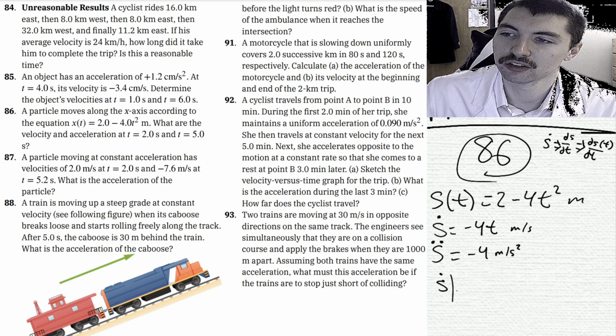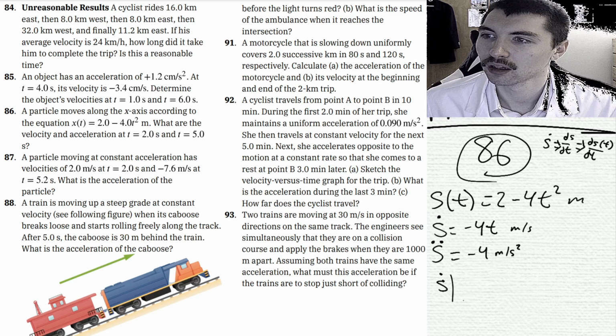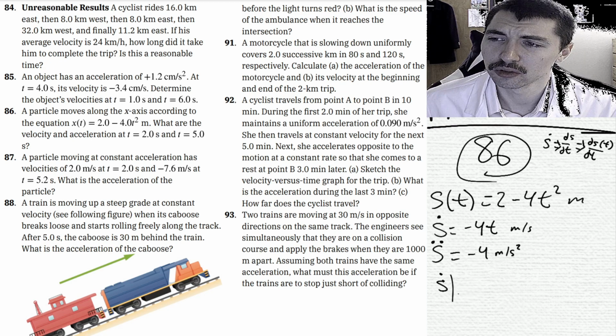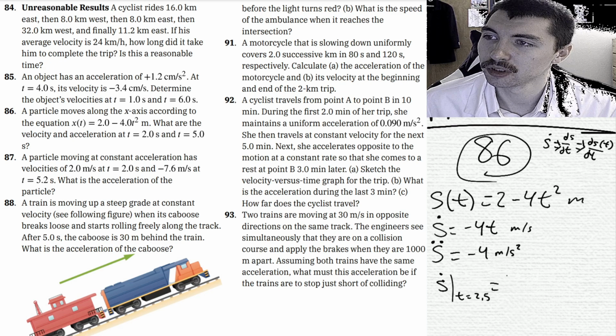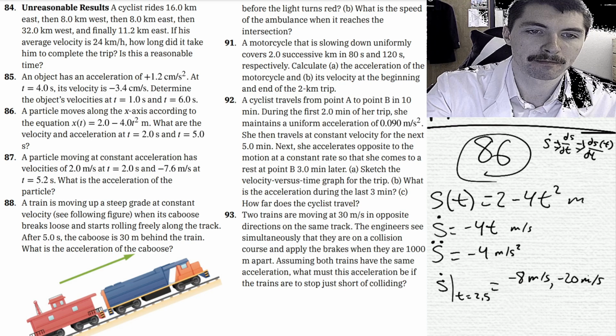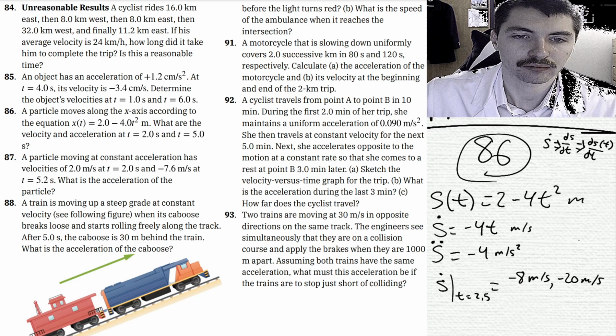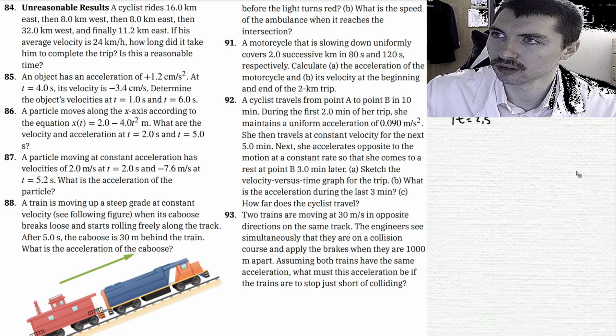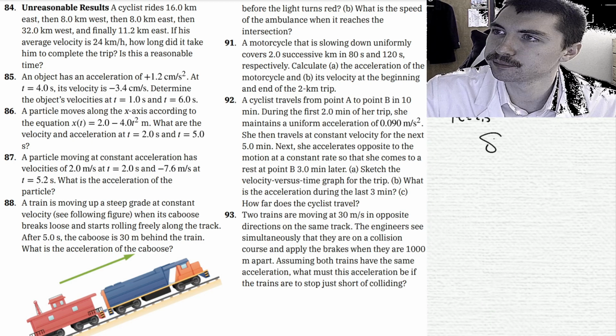It's just compact notation. So we're doing s dot at t is 2 and 5. Okay, so that's going to be negative 4 times 2, negative 8 per second, and negative 4 times 5, negative 20 per second. Pretty easy. Let's move on.